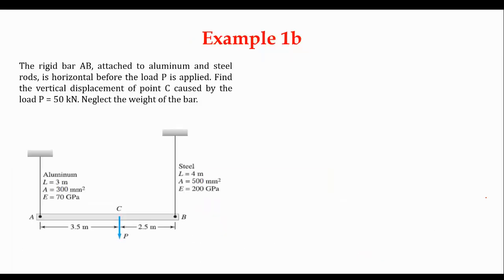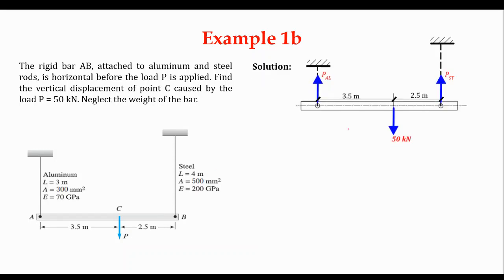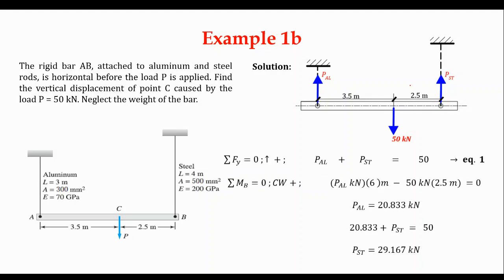Okay, and then pareha ani. How do we know that this is determinate or indeterminate? Drawing og free body diagram. Okay, and then mao ni na forces ang present sa imong figure. Kung mag-apply ba kog equilibrium equation na ako'y ma-solve? Na-solve na ko ang aluminum og steel, nag-sum up ra kog moment.